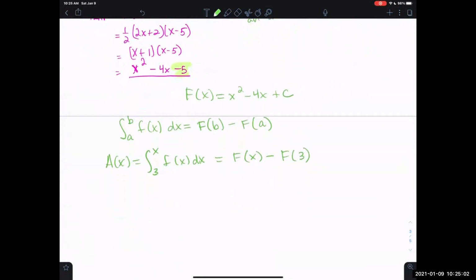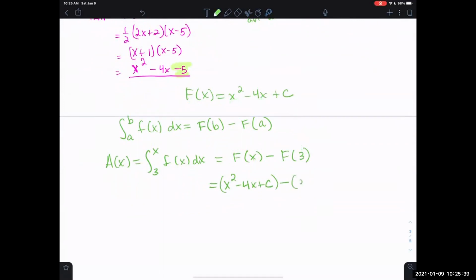Okay. And what would this mean? I am taking the x and I'm actually plugging it into the antiderivative, which is right in front of me up here. So it would be x squared minus 4x plus c minus, now I'm going to take the antiderivative and I'll plug 3 in there and there.